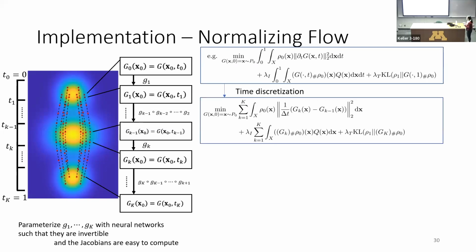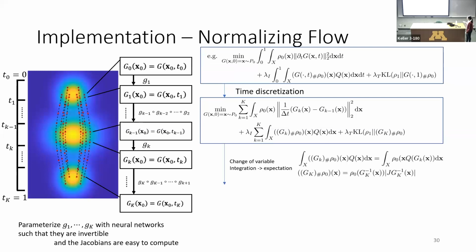Then we write our optimization problem in terms of this small g. The first step is we substitute this partial Tg with a finite difference approximation, and then use summation to approximate this integration over the time domain.